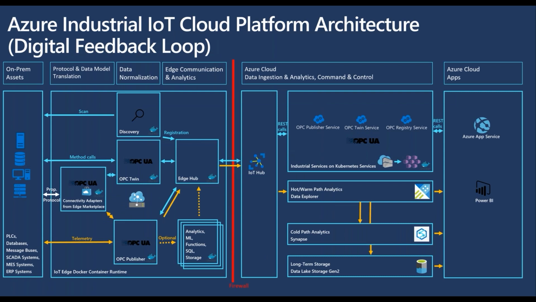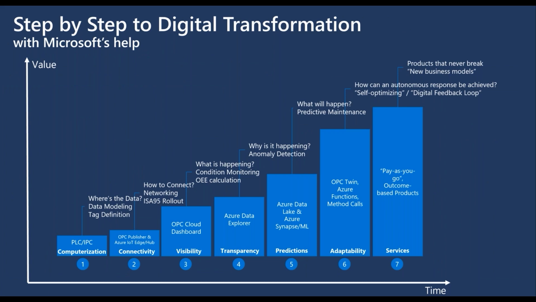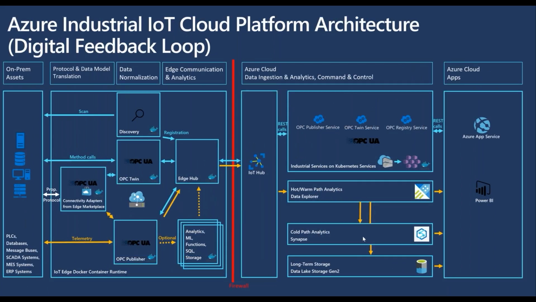So what does the entire architecture look like, including what is needed for the digital feedback loop? Well, here it is. Obviously, it's a bit more complicated, but it's not rocket science. You can connect this up in a few days. These OPC services are all open source on GitHub. They run on Kubernetes as Docker containers, and Synapse is our analytics PaaS service.